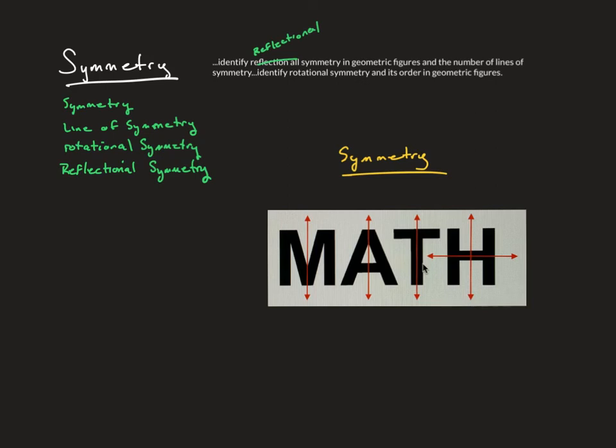So looking at our word, symmetry is the property of having an object flipped, rotated, or moved to exactly match itself. In doing so, a line on the plane figure that a figure can be reflected across produces an image that maps perfectly onto itself.